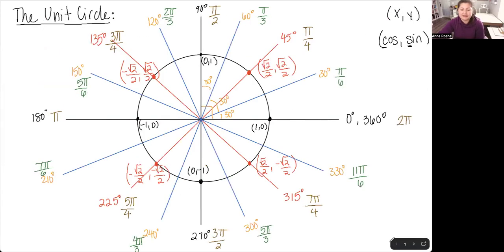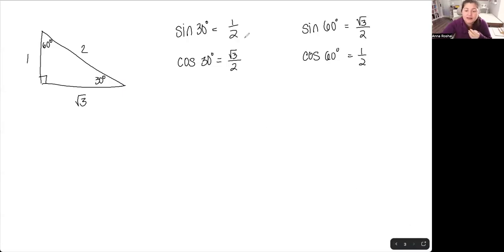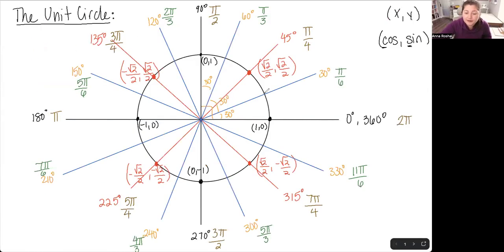Another thing that you'll notice is that pretty much everything is over 2. So we know that cosine of 30, so let's take a look back. Cosine of 30 is √3 over 2, and sine of 30 is 1/2. So this point here, I should probably use a different color.